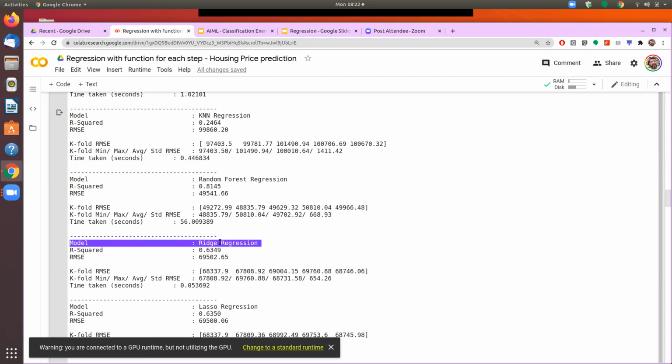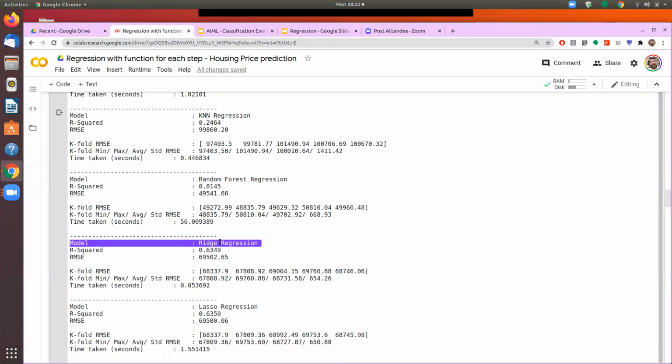Ridge regression, again, just to re-emphasize that it is a regression process itself. In this model, we ensure that the weightages that my regression model assigns to the different features, it does not end up assigning a very high weightage to any of the features. That is what the ridge and lasso ensure.